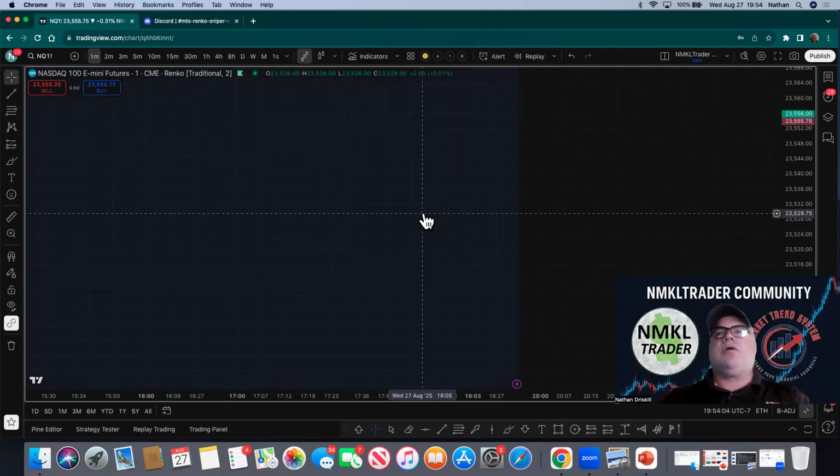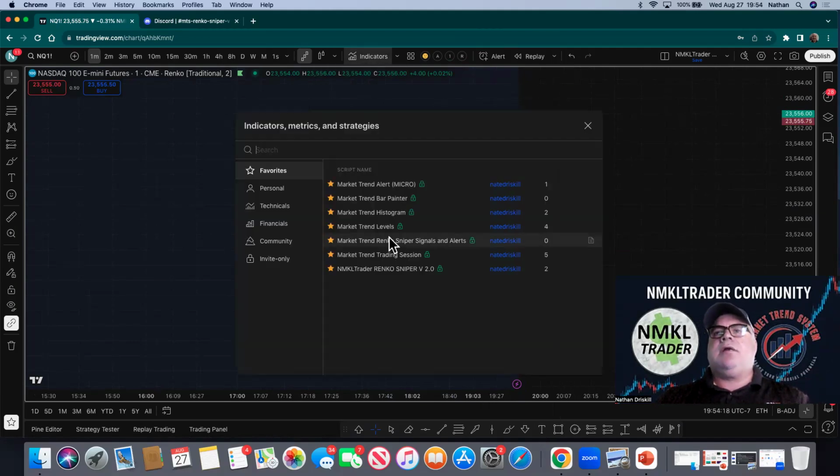And now we are going to load the different indicators that we want. Keep in mind, this is built around the market trend system, so it is really key that we don't get away from that. I want to help you guys become successful, so we need a standard to trade by, and that is the market trend system.